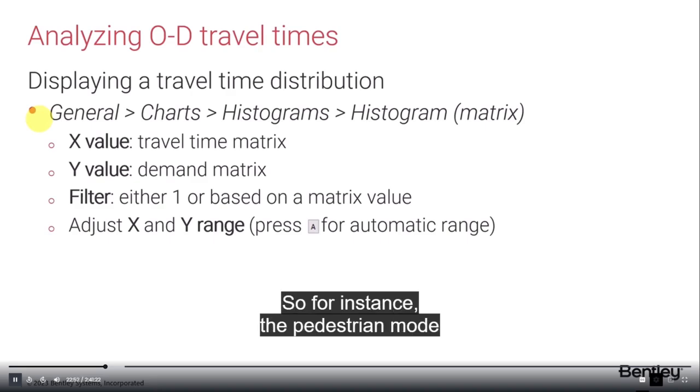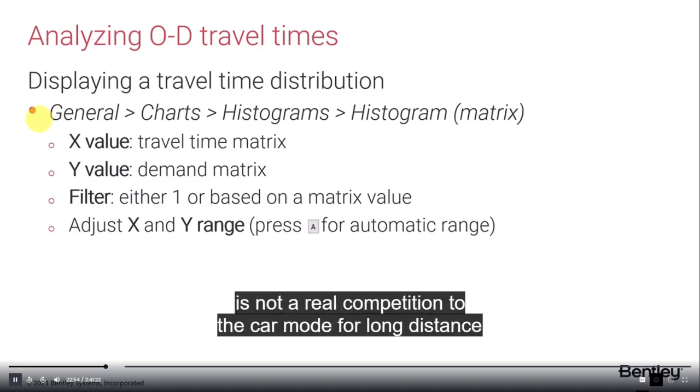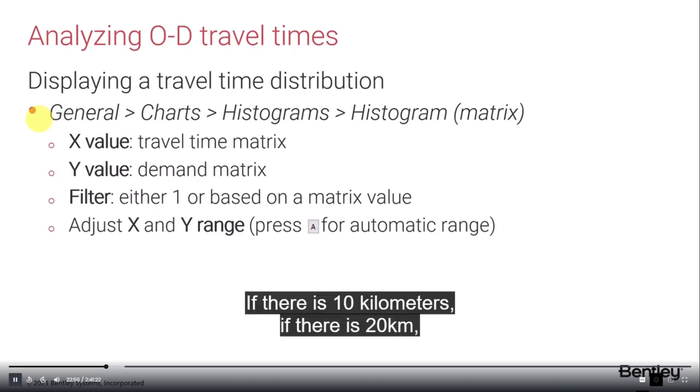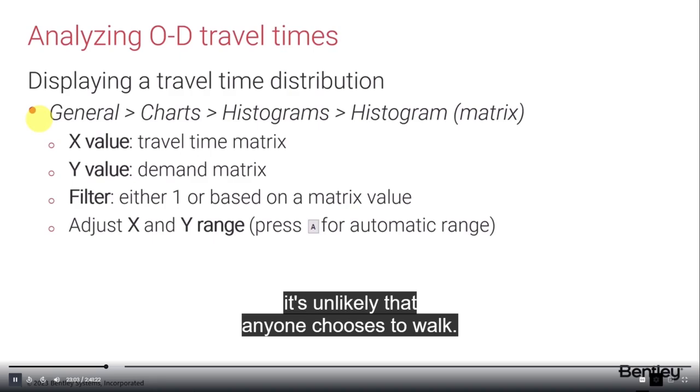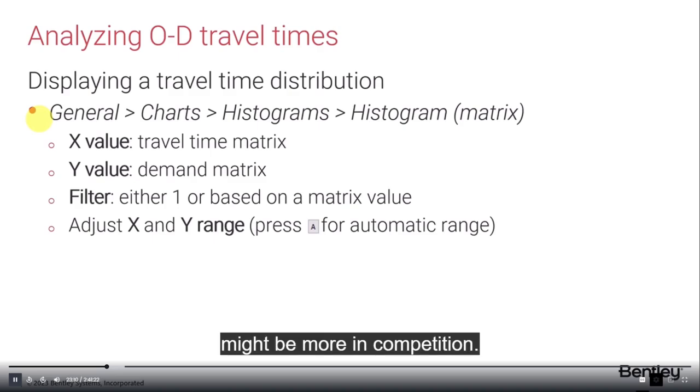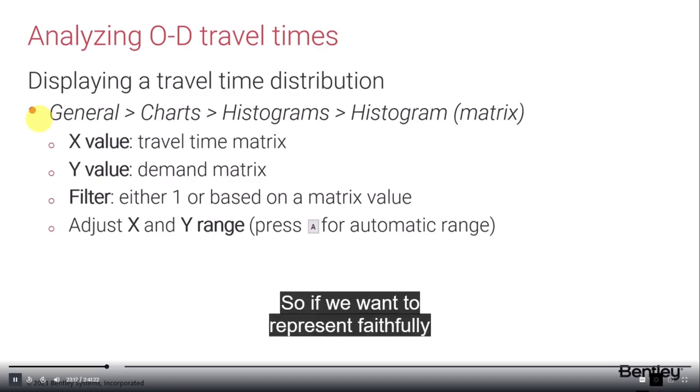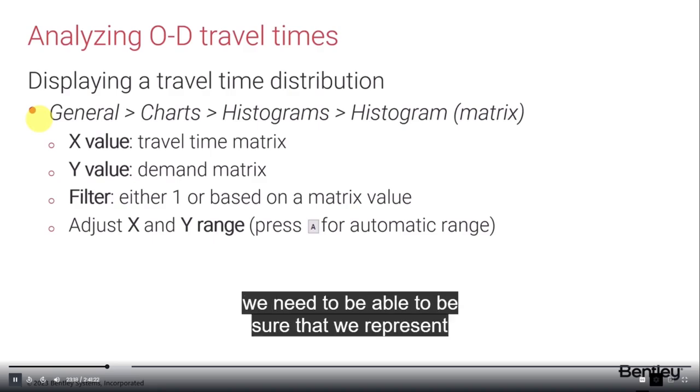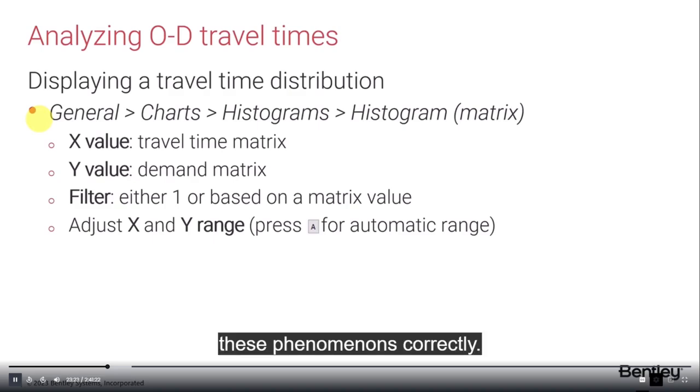So for instance, the pedestrian mode is not a real competition to the car mode for long distance trips. If there is 10 kilometers, if there's 20 kilometers, it's unlikely that anyone chooses to walk. Whereas the subway and the car mode might be more in competition. So if we want to represent faithfully the base reference, the base year, we need to be sure that we represent these phenomena correctly.